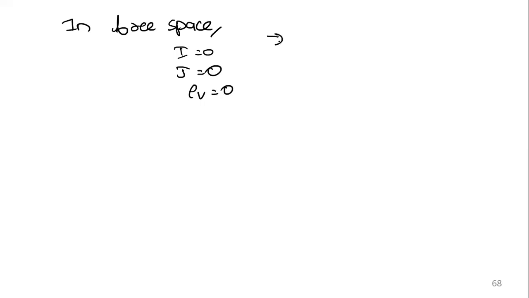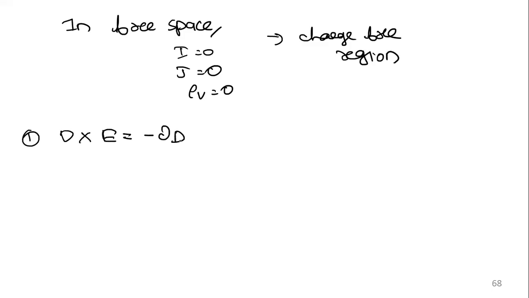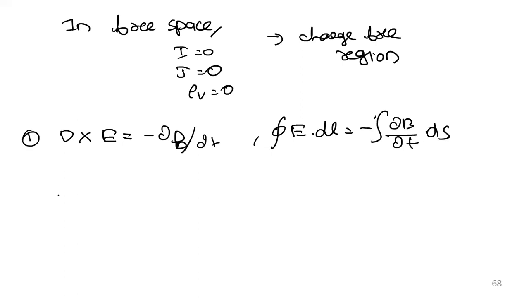Now if this was in free space. Free space means current will be 0, current density will be 0, volume charge density will be 0. It is a charge free region. Maxwell's equations for free space: del cross E is equal to minus dou B by dou t, which makes it integral E dot dl is equal to minus integral dou B by dou t dot ds.